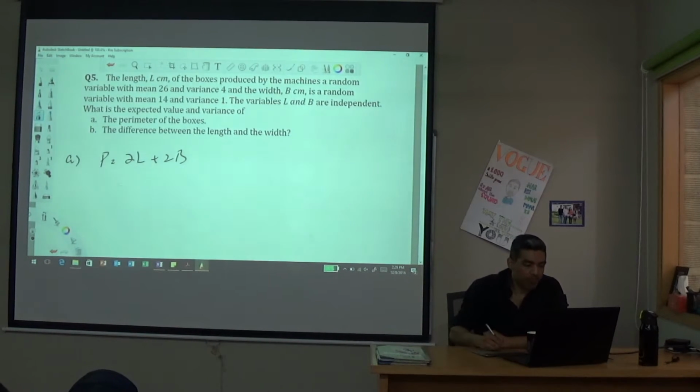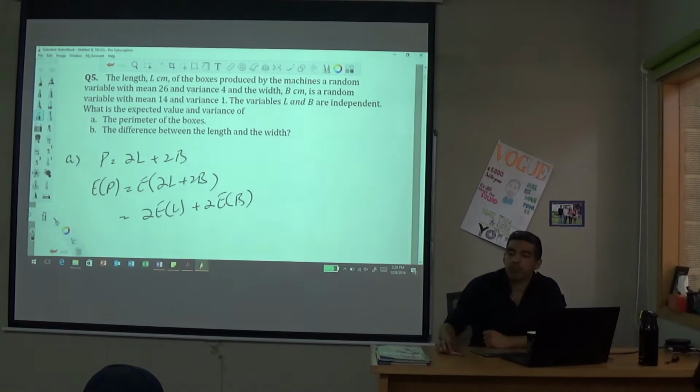If you are interested in finding the expected value for the perimeter, that is equivalent to finding the expected value for 2L plus 2B, which would turn out to be twice the expected value of L plus twice the expected value of B. Do we agree on this?